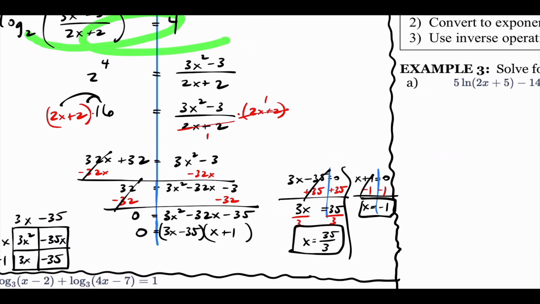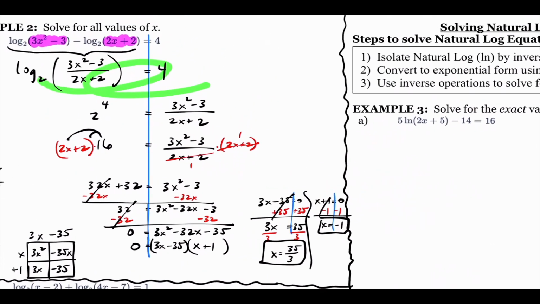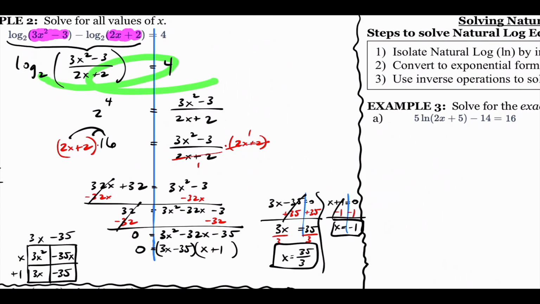But what we're going to do is we got to check to see if any of those guys are extraneous. Well, -1 is the easier one because the -1's a whole number. So if I plug in -1 into this guy here, I get 2 times -1, which is -2, plus 2, 0.